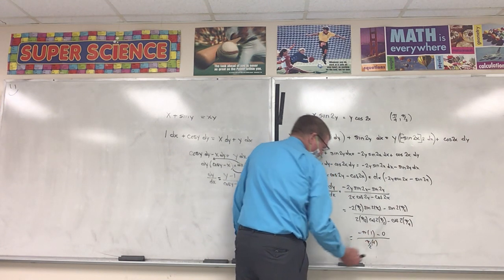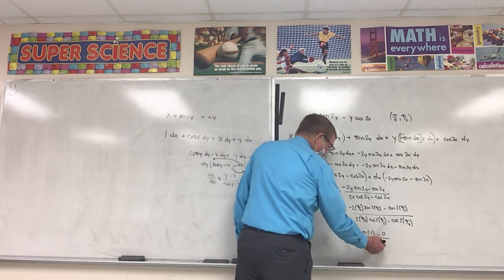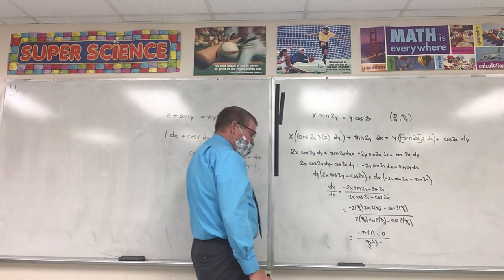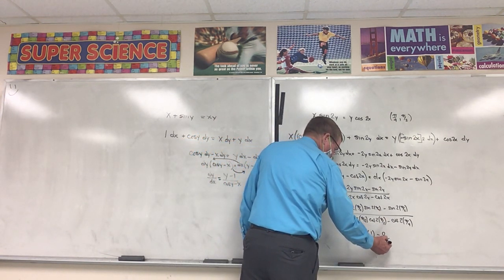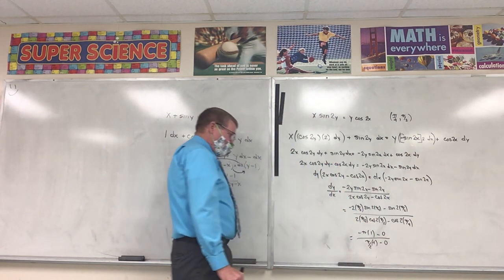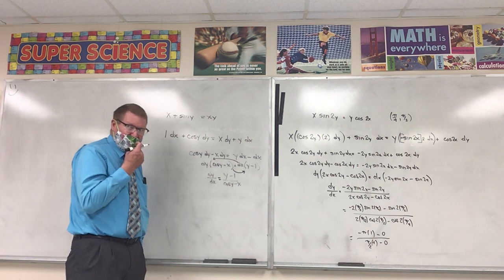Minus cosine of pi over 2. Cosine of pi over 2 would be 0.